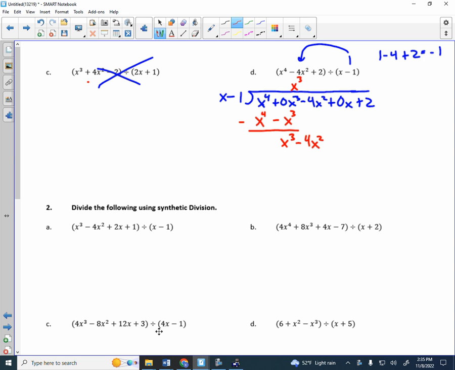Okay, what do you multiply x by to get x cubed? X squared. So I get x cubed minus x squared, and I will subtract. Negative 3x squared plus 0x.